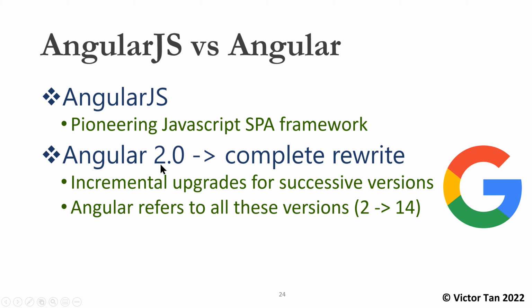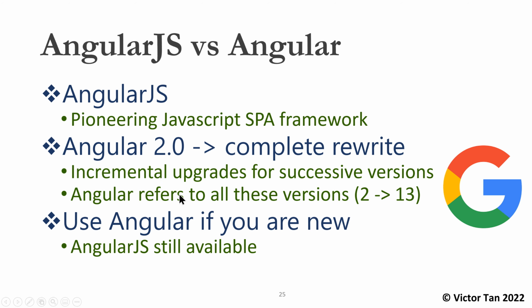When I use the term Angular 2.0, it refers to all the versions of Angular from 2.0 onwards up to the latest version 14, because they're all nearly identical except for some minor incremental upgrades. So the recommendation is to use Angular if you are new. That's what we are going to be doing in this workshop.